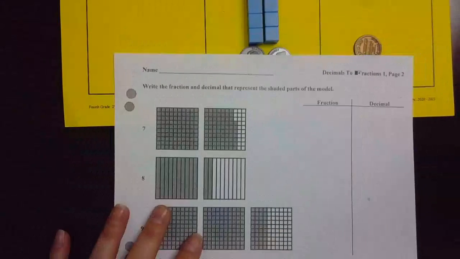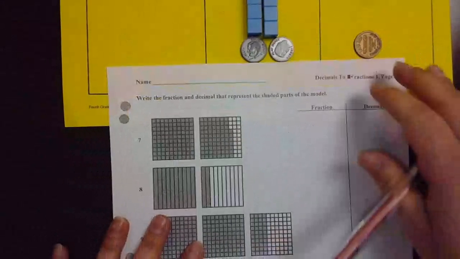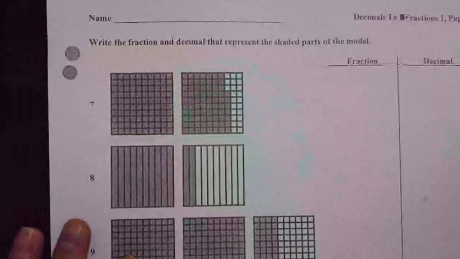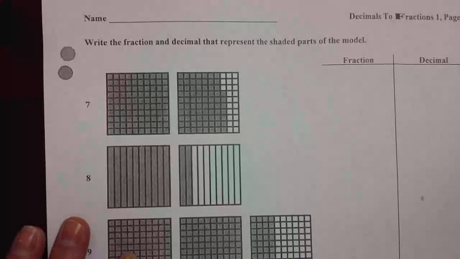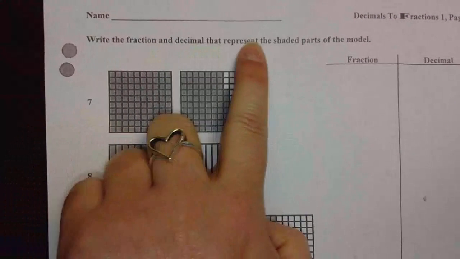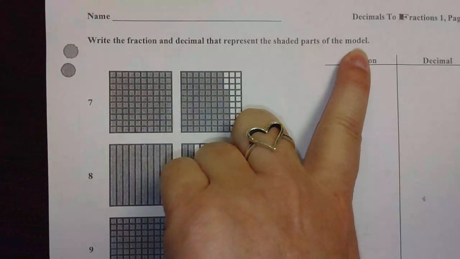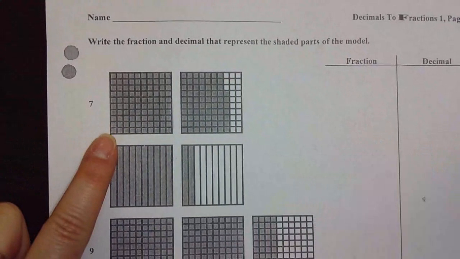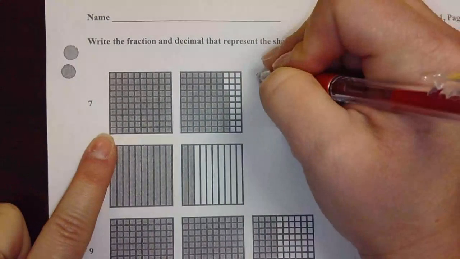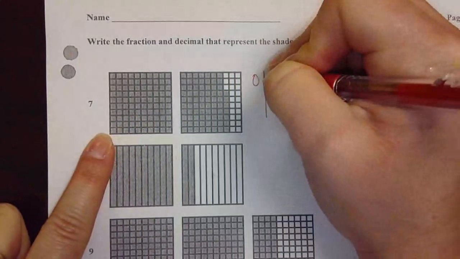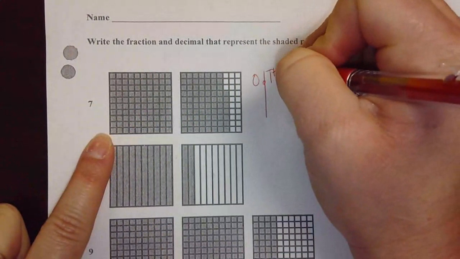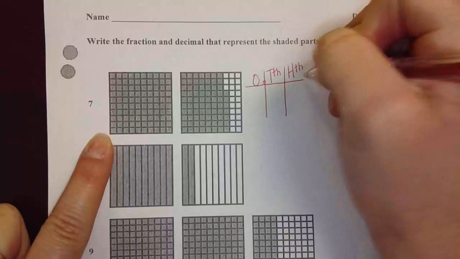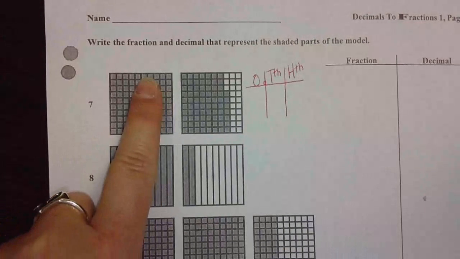Okay, here on this side of it, we have our models, and they want us to put it in fraction and a decimal. Write the fraction and decimal that represent the shaded part of the model. Well, even though they didn't give you a place value chart, if it's a place value question, I require a place value chart. So here's my ones place, tenths, hundredths. You see how this whole thing is shaded?